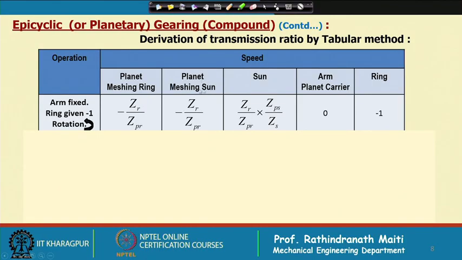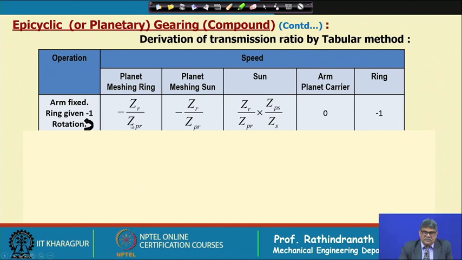Now, the planet meshing with the sun, as it is on the same shaft with ZPR, will have the same motion. Now, the sun will have motion ZR by ZPR into ZPS by ZS, the same as in a 2-stage gearbox, but in this case the rotation of the sun will be opposite to the planet.